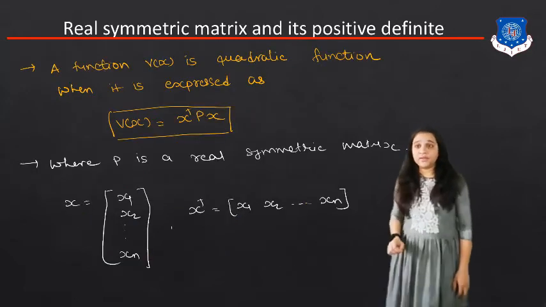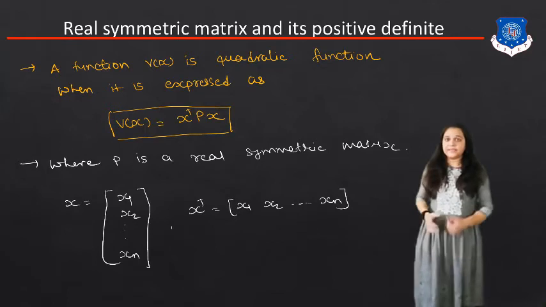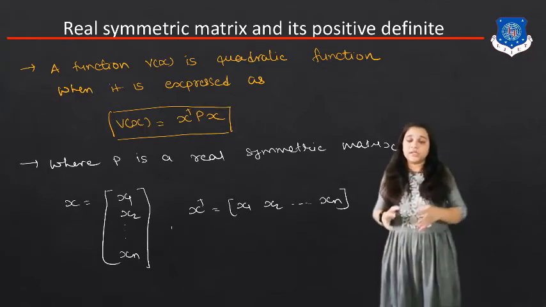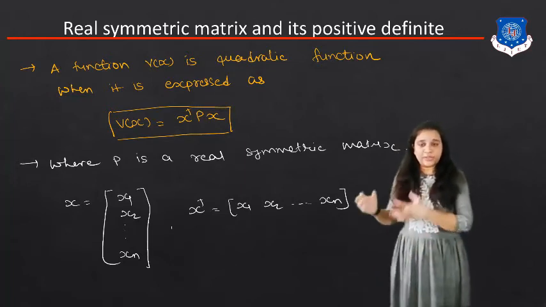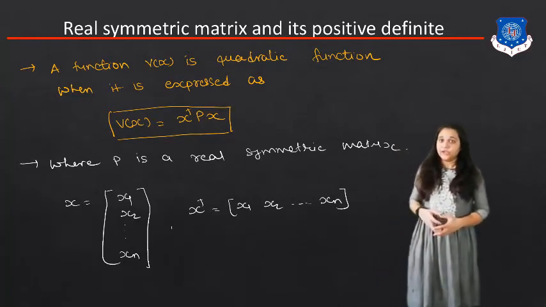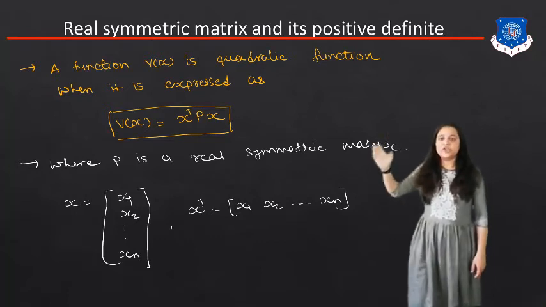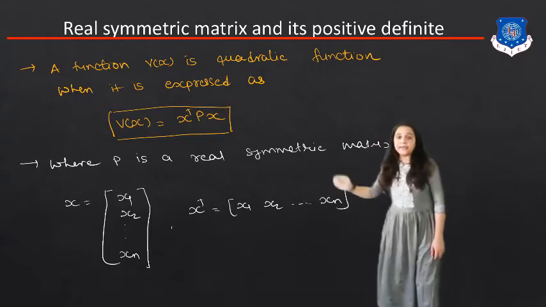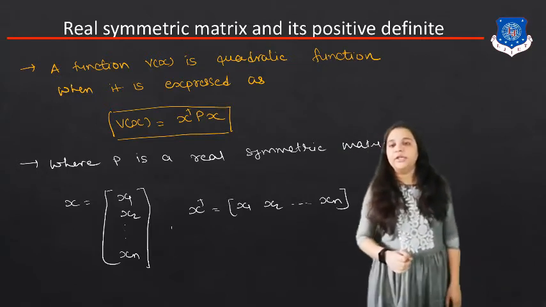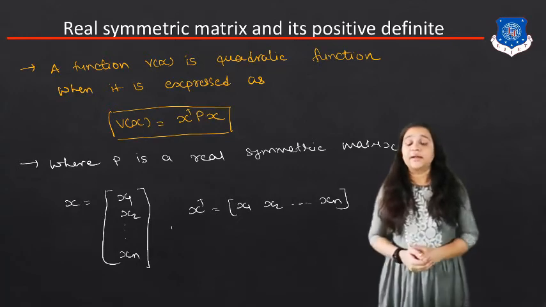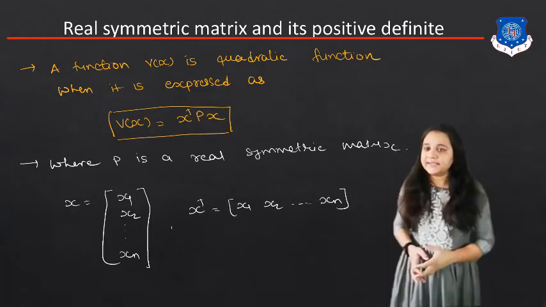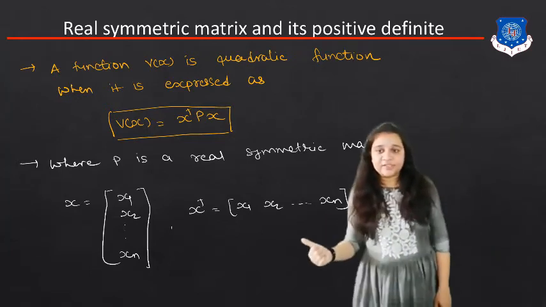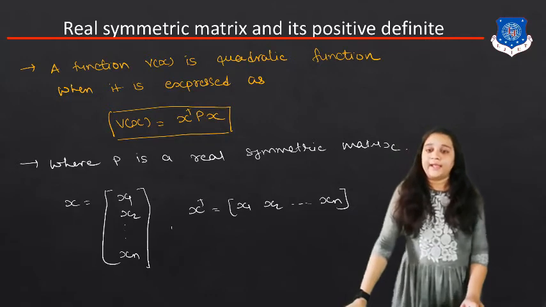Now the next topic is the real symmetric matrix and its positive definiteness. Okay, we have to determine whether a system is positive or negative definite. A function V(x) is a quadratic function when it is expressed as V(x) equal to x transpose P x, where P is a real symmetric matrix and x is equal to x1, x2 up to xn, and x transpose is x1, x2 up to xn.